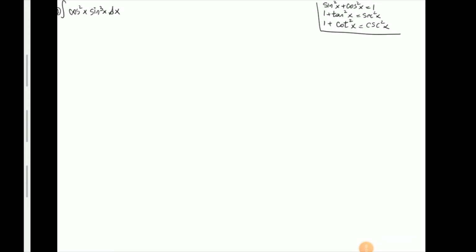Okay, so I hope that you figured out that the whole game works, except that now it will work if you substitute u for cosine of x, and then remembering that du is minus sine of x dx.